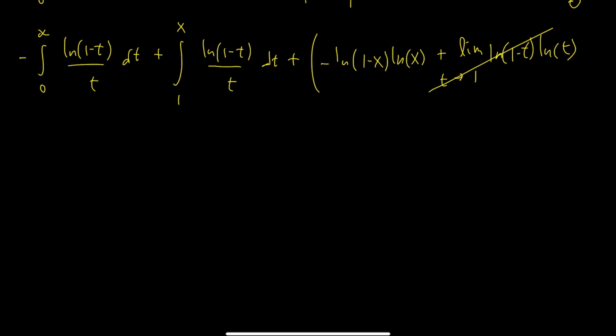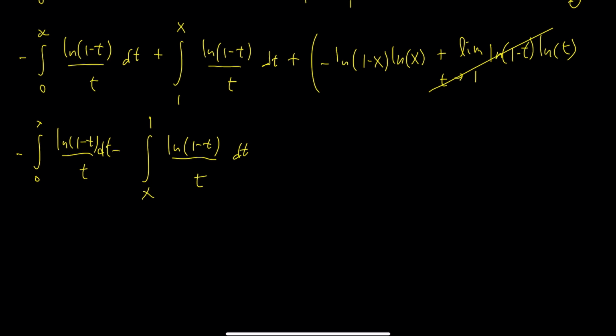And then from here we're going to have negative the integral from 0 to x, the natural log of 1 minus t over t, and I'm going to introduce a negative sign, but by doing so we're going to flip the bounds of integration. So we have the natural log of 1 minus t over t dt, and then we're having leftover negative the natural log of 1 minus x times the natural log of x.